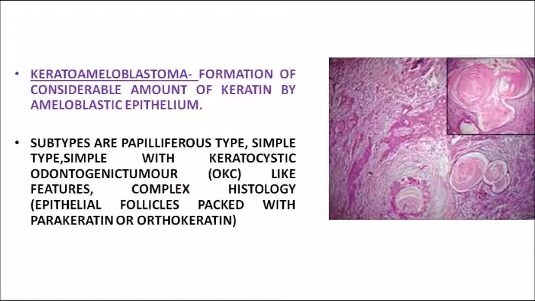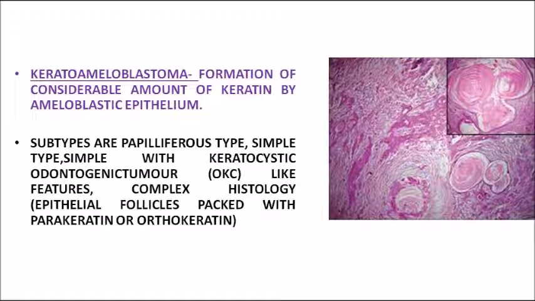Now in Shafer's 8th edition, 2 rarest forms of ameloblastoma are also mentioned. Okay, it is not routinely asked in MCQ, so just know about it. It is keratoameloblastoma. Keratoameloblastoma is where there is a considerable amount of keratin formation along with the ameloblastic epithelium. So then the ameloblastoma is also called keratoameloblastoma.